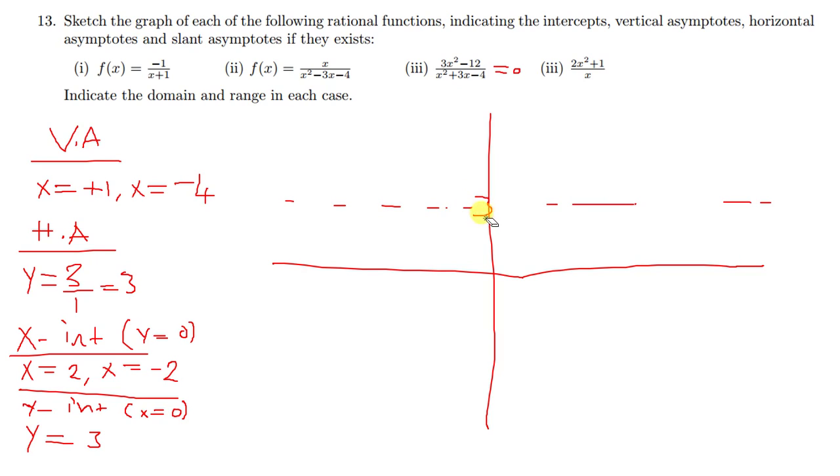And then you are also going to have your 2 vertical asymptotes, which are +1 and -4, like that. Yes, so this is what you are going to have.